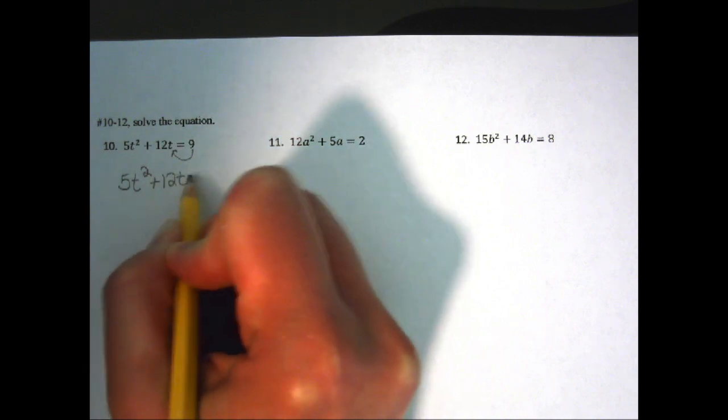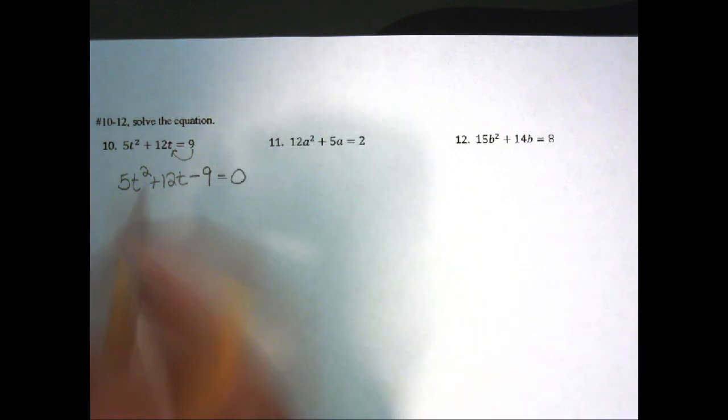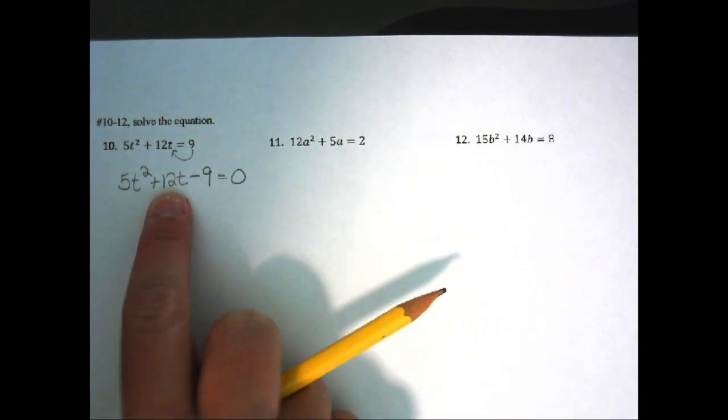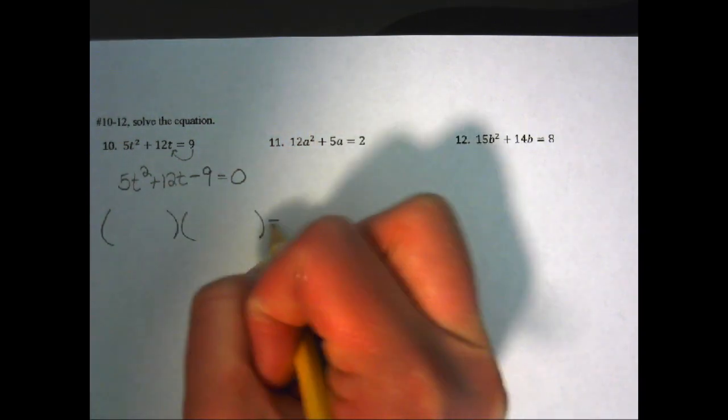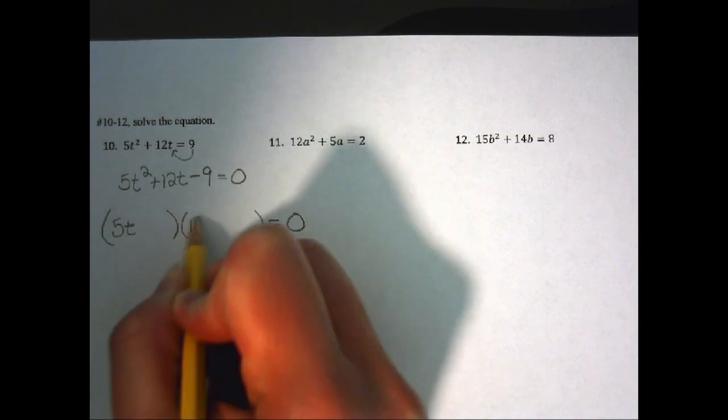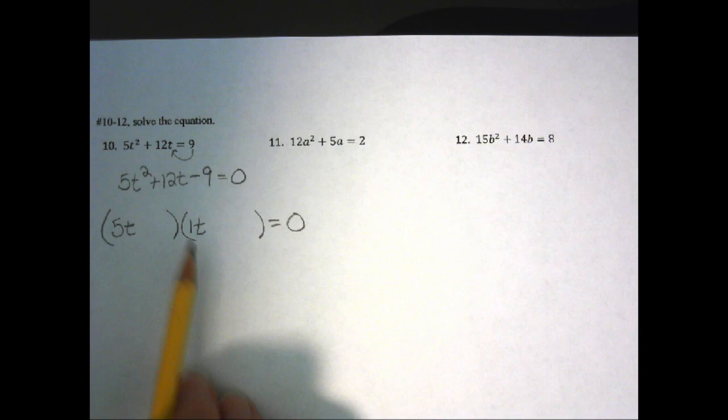So now it's going to become a -9. And then we're still going to go ahead and factor. If I could, I would pull out the greatest common factor, but there is not one. So I'm just going to put my parentheses down. 5 is prime, so I don't have a lot of choices. It's just going to be a 5t and a 1t. And you don't necessarily have to write the 1.